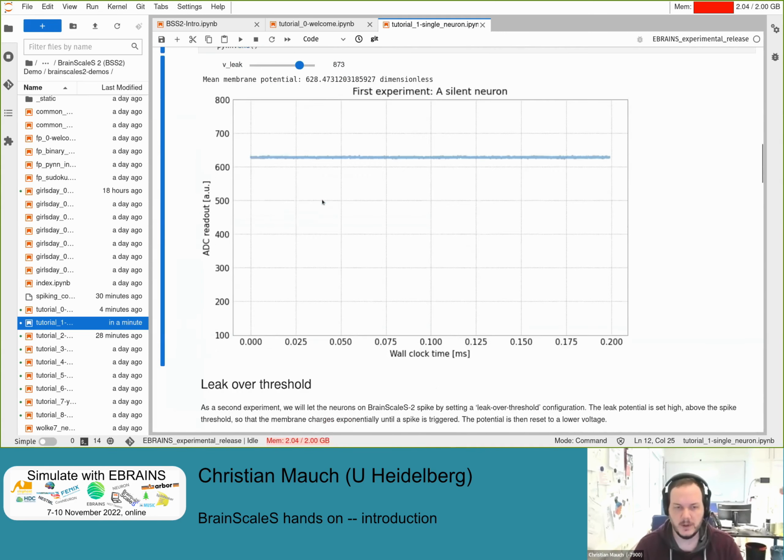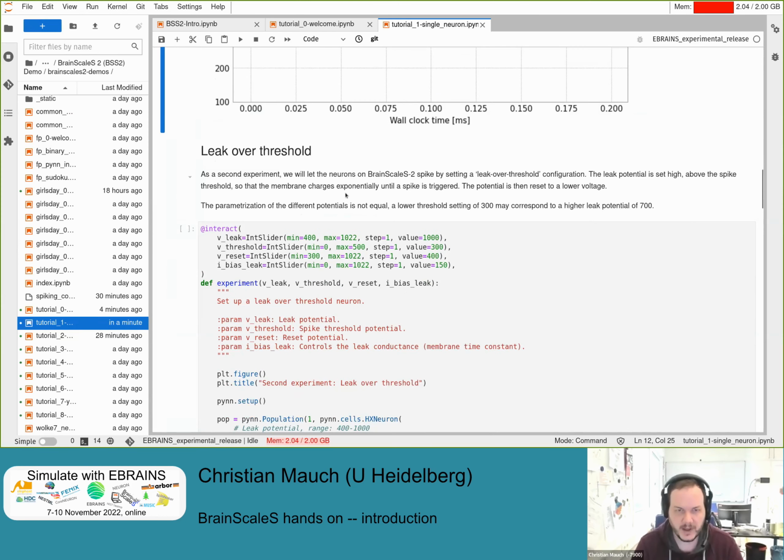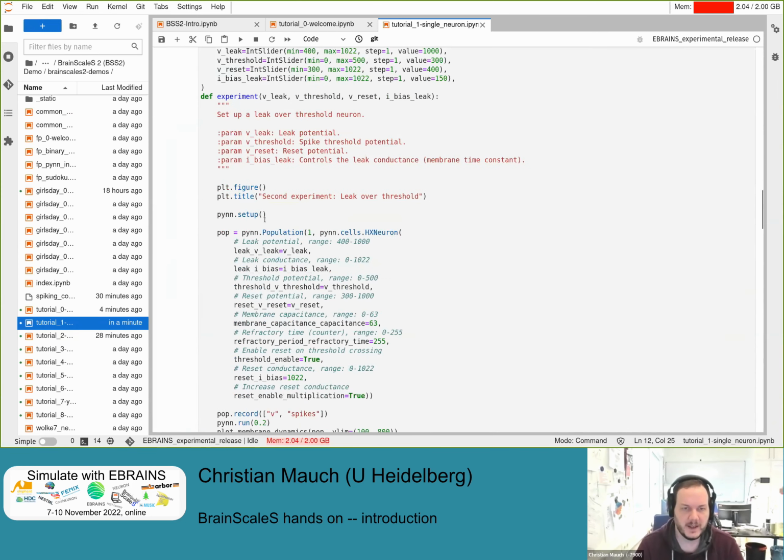And of course, such a setup is not that exciting. Next we will look at a neuron that's firing, and we do this by configuring it in such a way that the leak is over threshold. Again, this is basically the same setup, but with some more parameters available. In this case, the threshold and the reset potential.